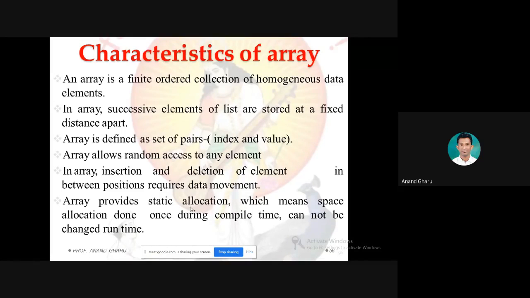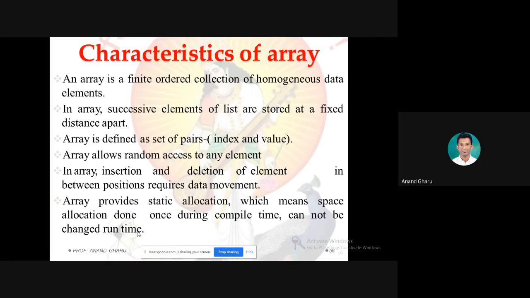Once we assign the memory, if you don't utilize that memory in the program, then it will be wastage. Okay, static allocation means space allocation is done once during compile time and cannot be changed at runtime. Understand one more thing about static allocation: static allocation means compile time.